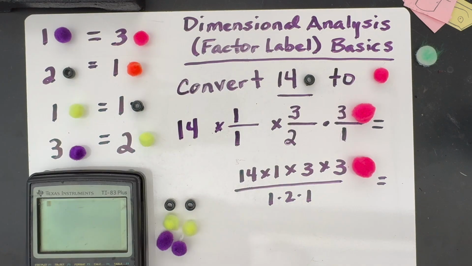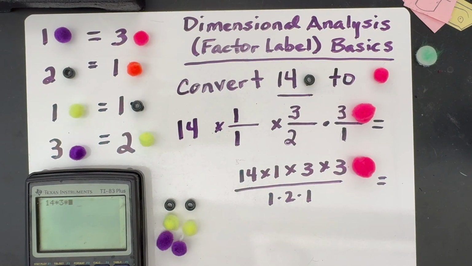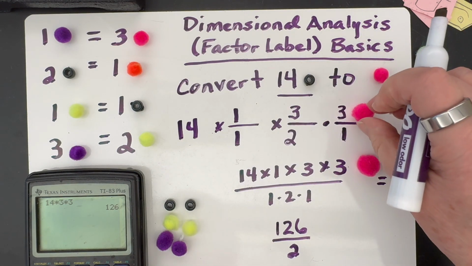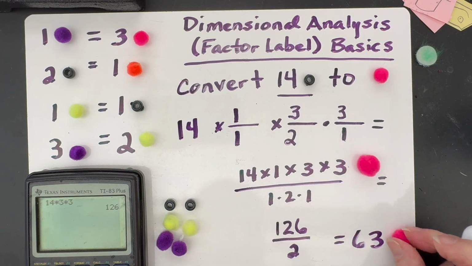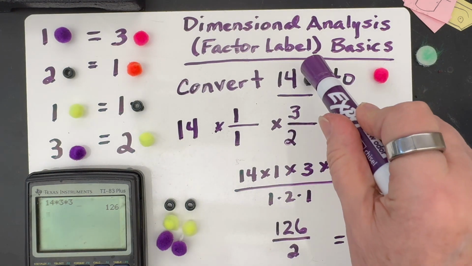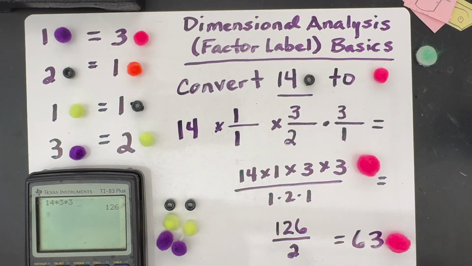So on top, we have 14 times 3 times 3, which is 126. On the bottom, we have 1 times 2 times 1, which is 2 pink fuzzies. So we end up with 63 pink fuzzies. So 14 black beads is equal to 63 pink fuzzies.